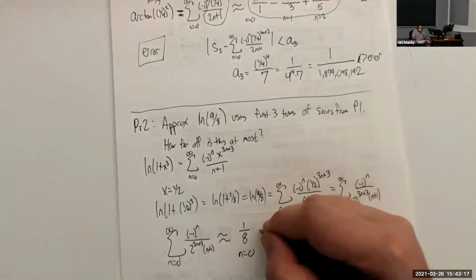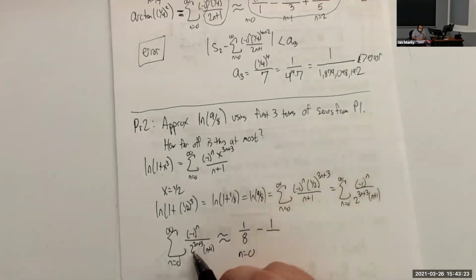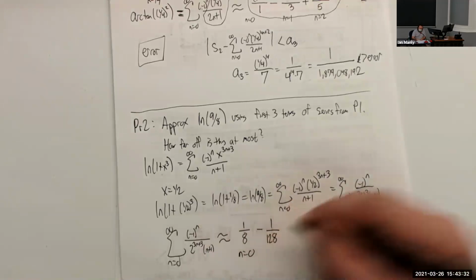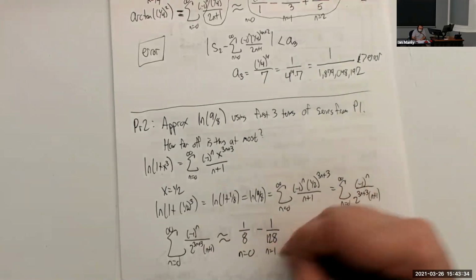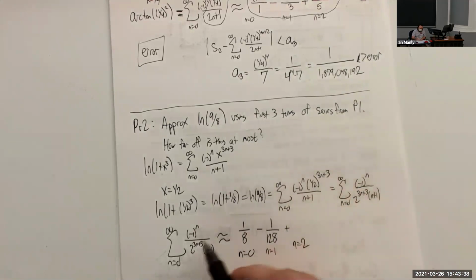All right, next, we plug 1 in here. So we have a minus. I'm going to get 2 to the 6th, which is 64. And then I multiply that by 2, gives me 1/128. Okay, and then for my final term here, n equals 2, I plug 2 into here and I get a positive.